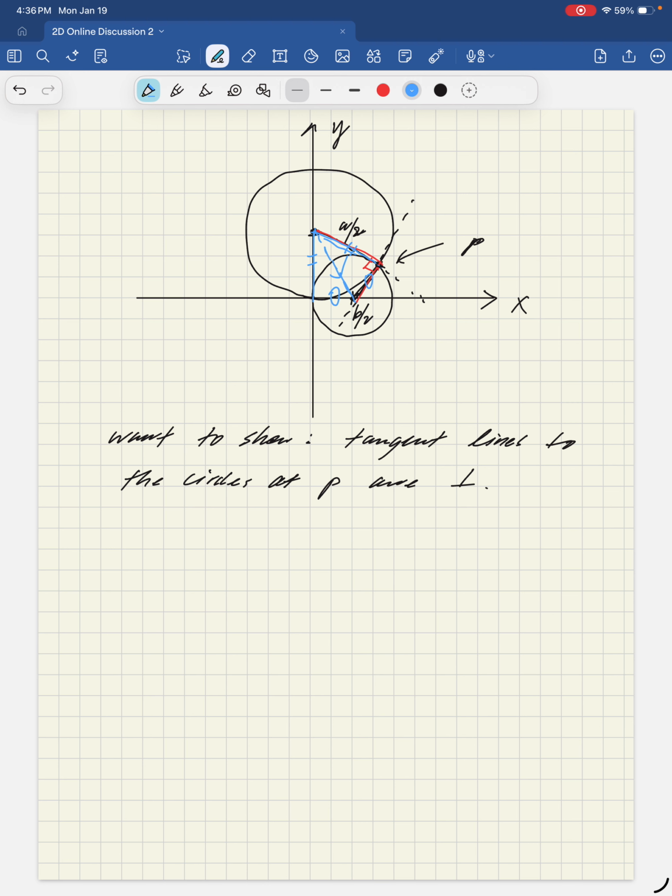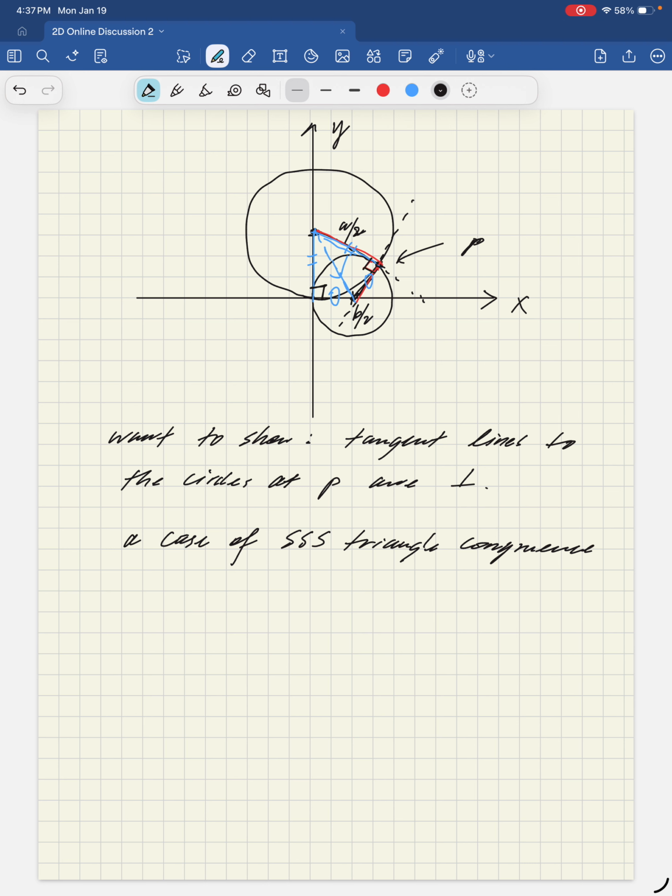And therefore, this is a case of SSS triangle congruence. Congruent triangles have the same angles here and there. Because we know the y and x axes intersect at right angles, this angle must be equal to this angle.